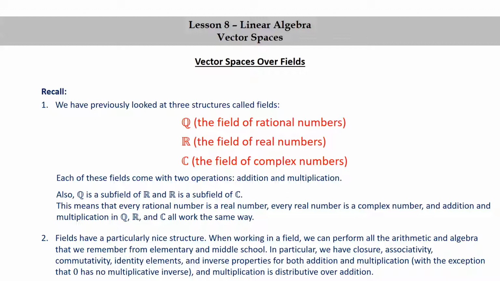In particular, we have closure, associativity, commutativity, identity elements, and inverse properties for both addition and multiplication, with the exception, of course, that 0 has no multiplicative inverse. And also, multiplication is distributive over addition.